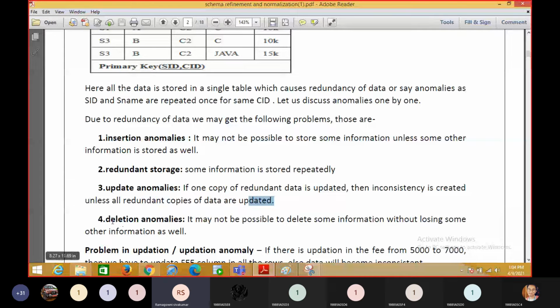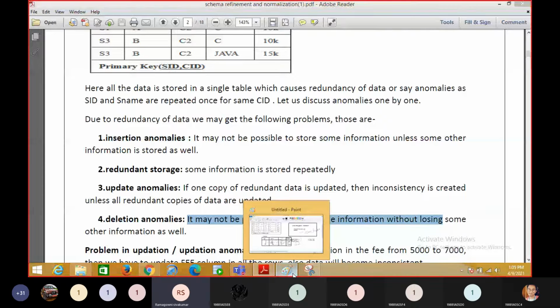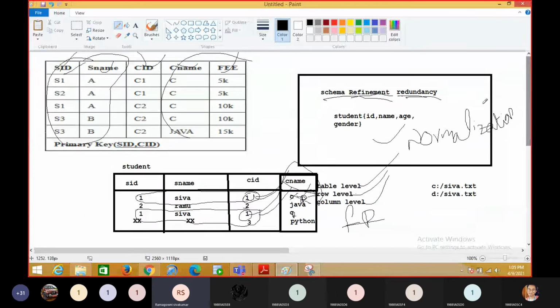Next, deletion anomalies. Whenever you are performing a deletion operation, what is the problem? It may not be possible to delete some information without losing some other information as well. See here, we have a course table and a student table. If you are trying to delete the C course, the student ID, student name and student information related to the C course are also going to be deleted.